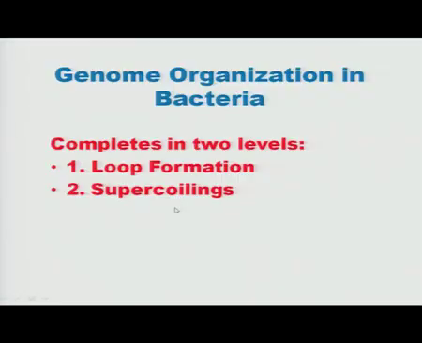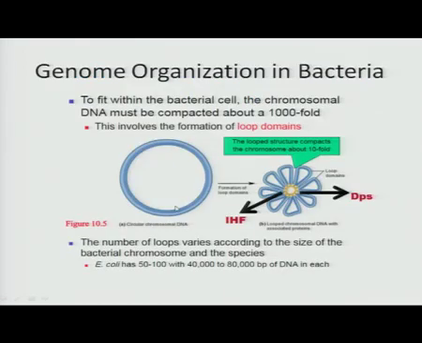Now let us see how the loops are formed inside the bacterial cell. This is a bacterial genome which is double stranded and circular. As I told you earlier, the bacterial genome has to be folded 1000 times so that it can be incorporated into the bacterial cell.